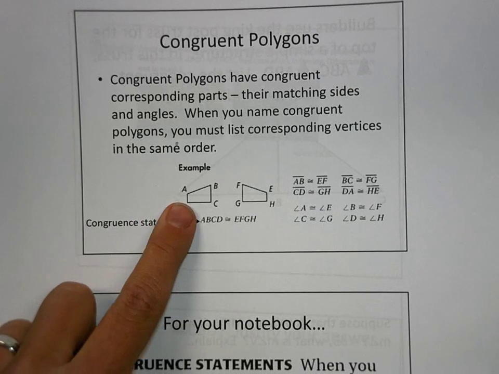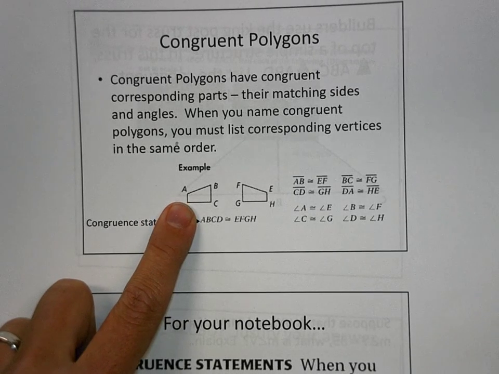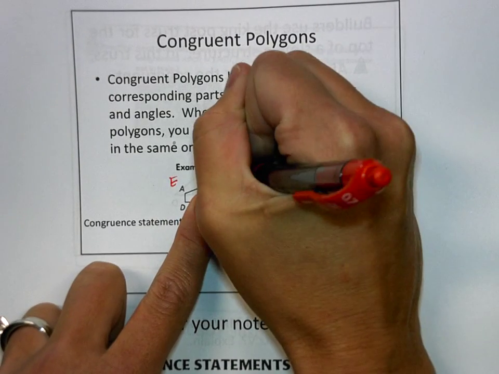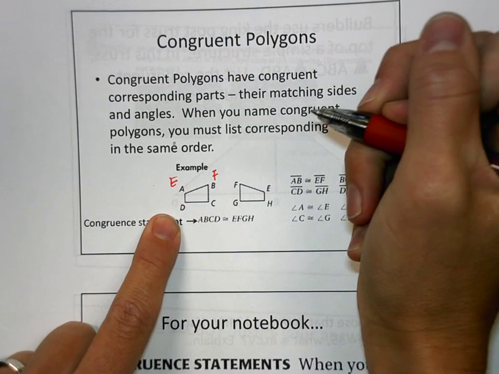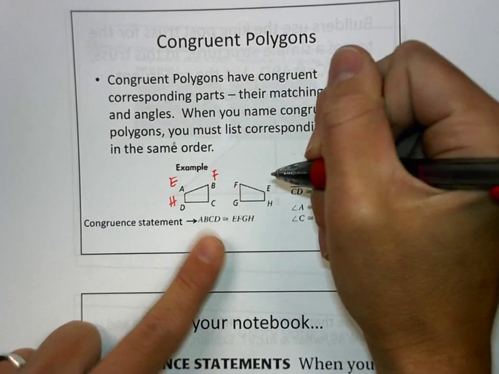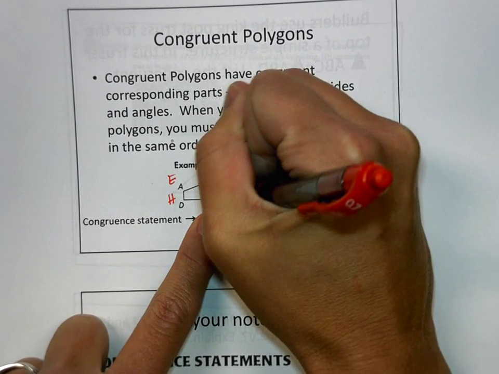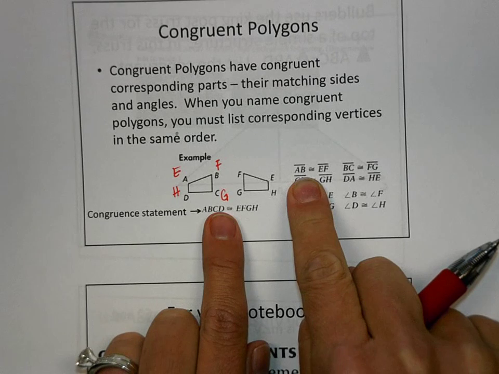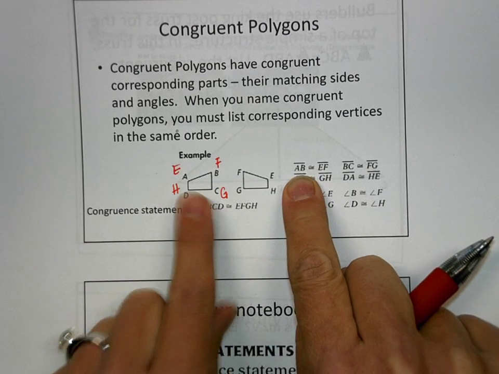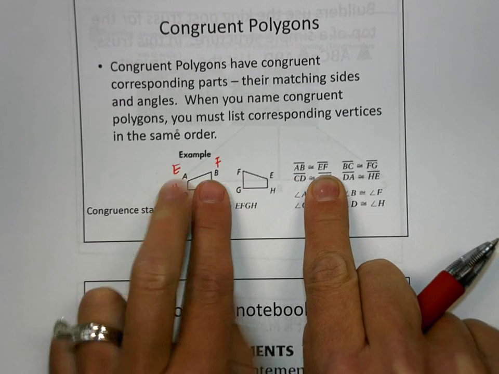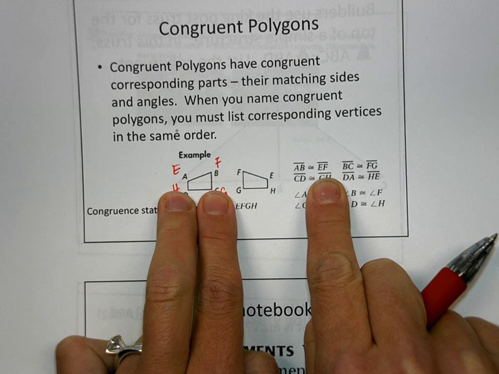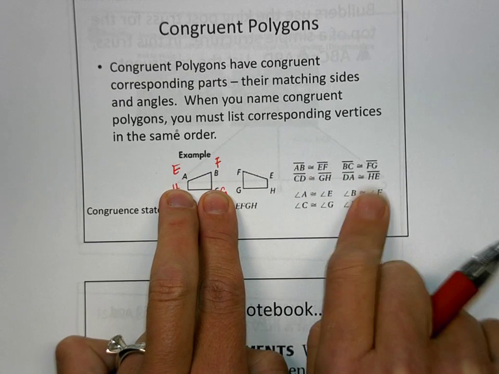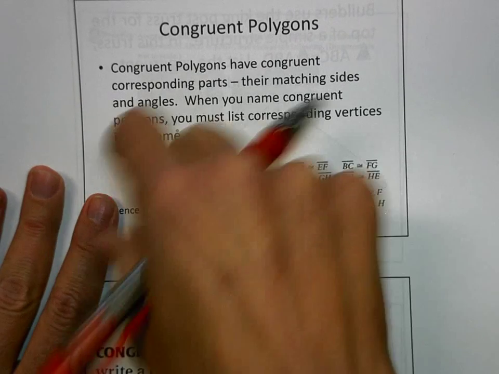For example, what letter would I write with A? E. Very good. What letter would I write with B? F. Good. D? Good. And then C would be G. So when it says that line AB is congruent to EF, do you see how E and F are with A and B? It's very easy to see what's going on, and when you're having to write these statements, it's much easier when you have it there.